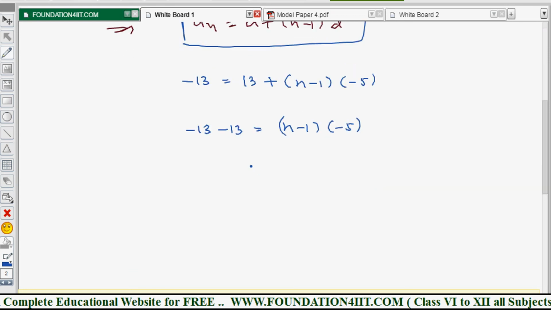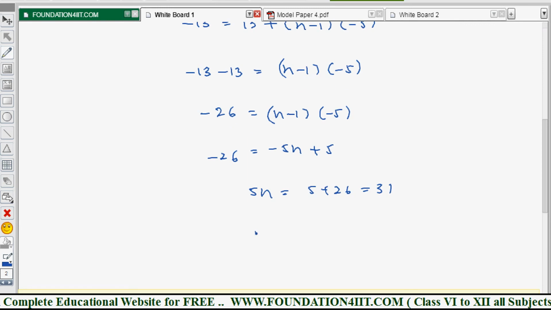From this, minus 26 is equal to N minus 1 into minus 5. Simplify: minus 5N plus 5, minus 26. Then 5N is equal to 5 plus 26, that is 31.